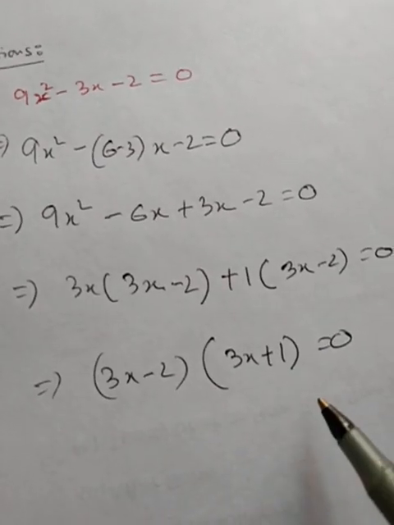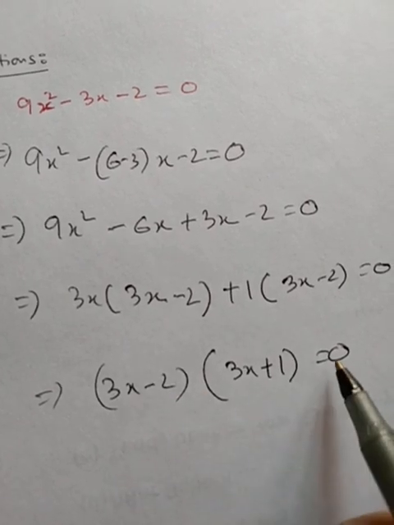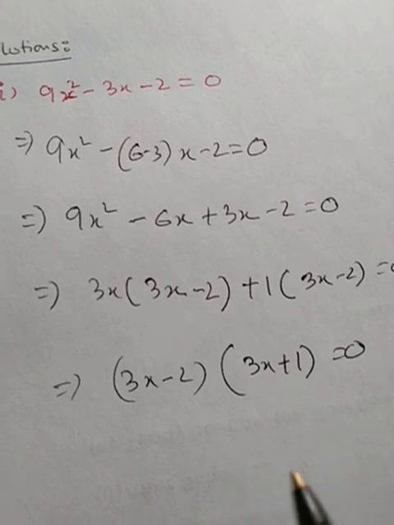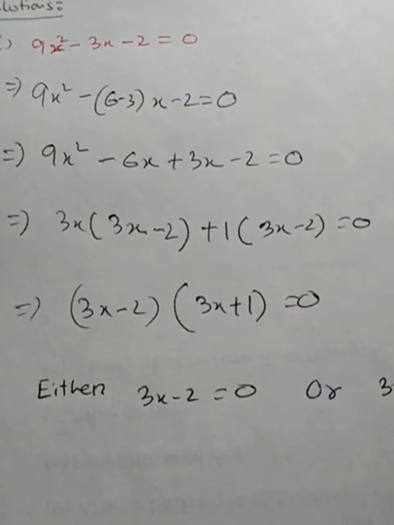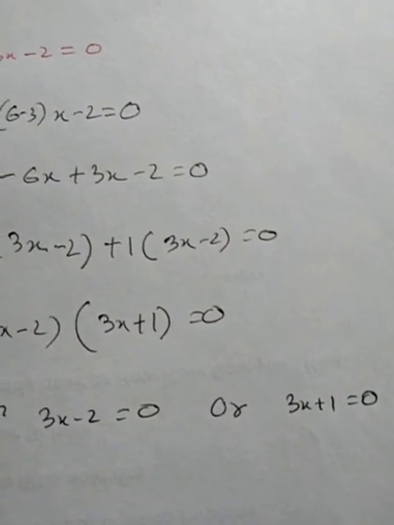Now from this step, as the product of two factors is 0, either first part is 0 or the second part is 0.